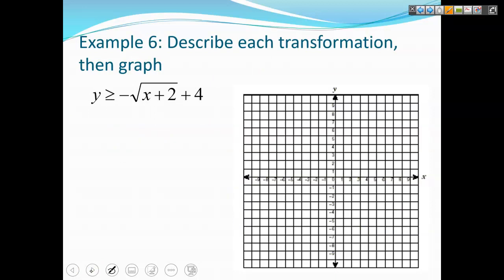So solid above, reflected, so that flips your range, left 2, up 4. So you're starting at negative 2, positive 4, and again, your normal point would go up 1, right 1, so this is going to go right 1, down 1.